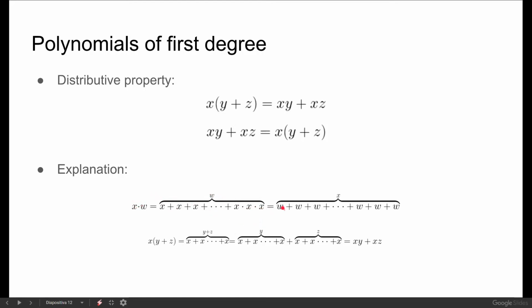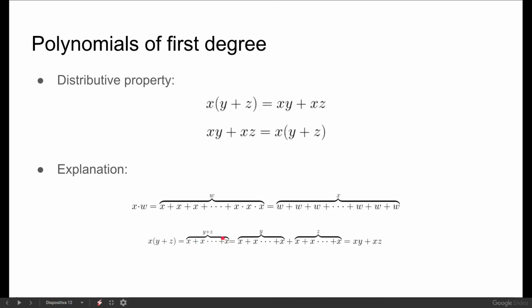So it's also equal to w plus w, a total of x times. So when we have x times y plus c, by definition of multiplication, that would be equal to adding up x, a total number of y plus c times. So that would be x plus x plus x plus x, a total number of y plus c times.